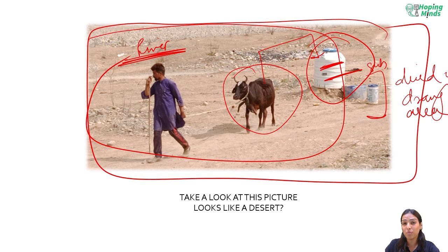This picture should be a reason enough for us to know why we should conserve water. This picture should be a ringing bell, an alarm for us to know why we should be working towards conserving water.